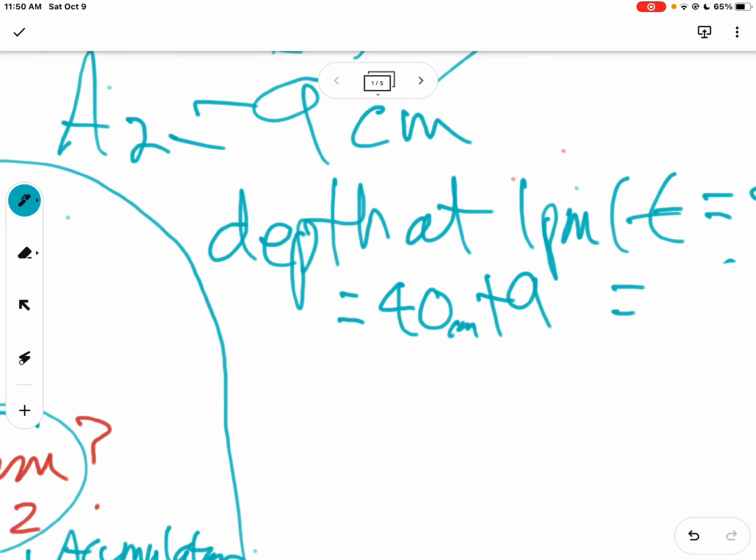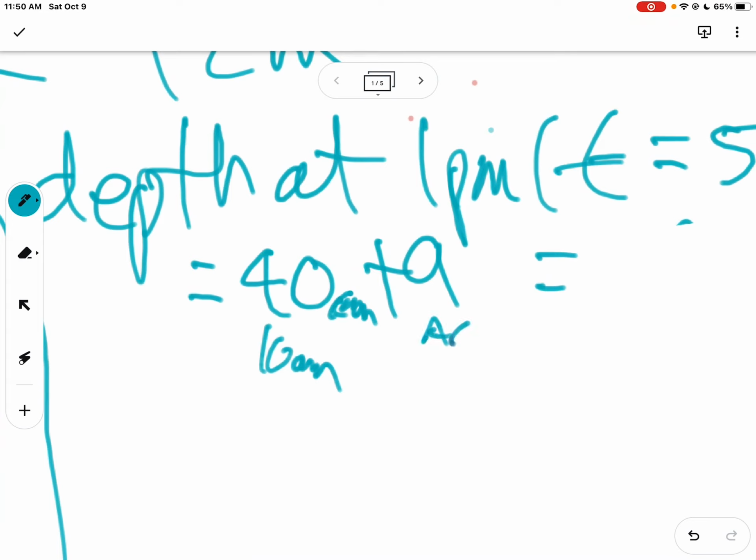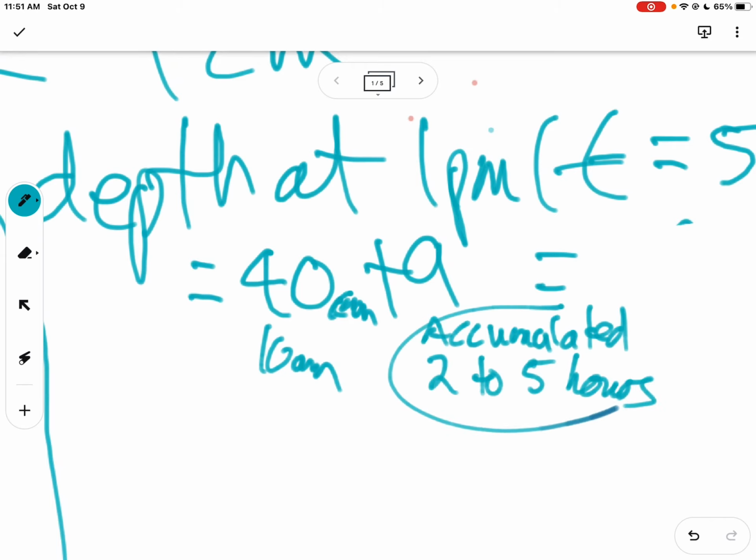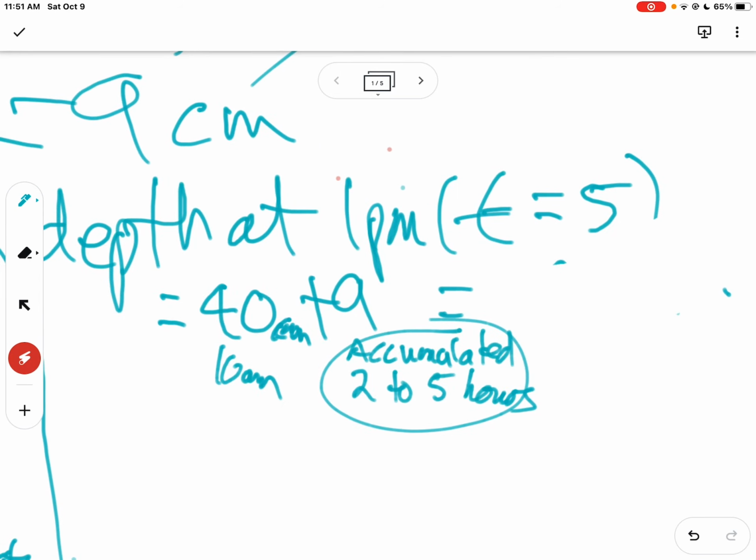So 40 centimeters of snow at 10 a.m. and then 9 centimeters accumulated from t equals 2 to 5 hours. Okay, that's the accumulation, the 9, and we started with a depth of 40. It fell all that time, and we're going left to right, so delta x was positive and delta y was positive. So that's going to be 49 centimeters.